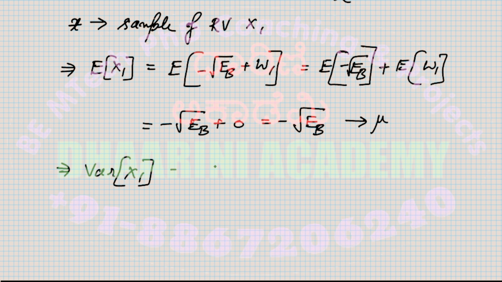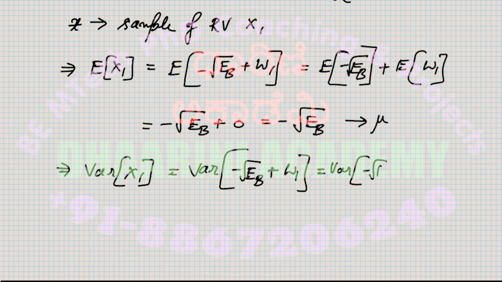This is equal to the variance of minus of root EB plus W. Normally you split this, therefore this is equal to the variance of minus of root EB plus the variance of W. So that means this has to be equal to, what is the variance of the constant value, that is minus root EB?